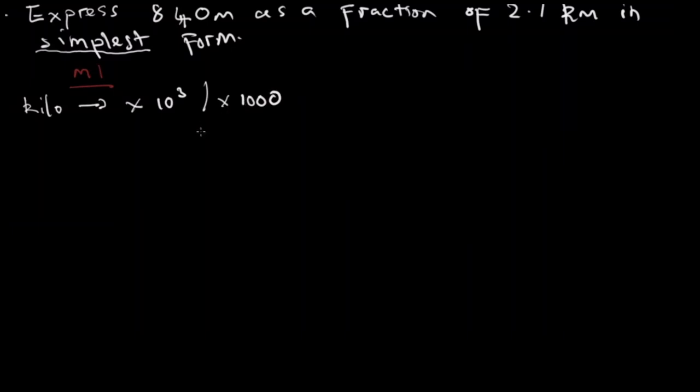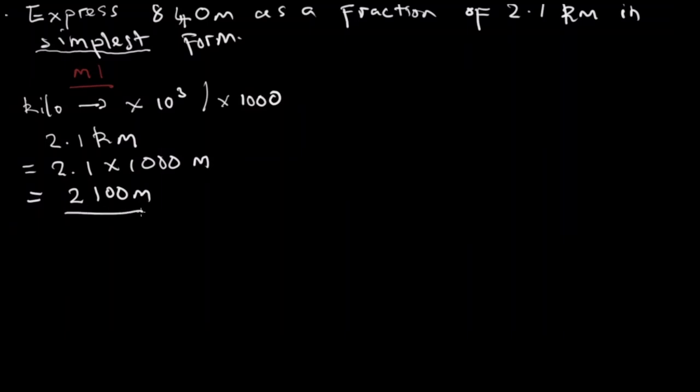That is what kilo means. So when we take that number, which is 2.1 kilometers, we can replace the prefix kilo with times 1,000. So it becomes 2.1 times 1,000 meters. And multiplying this, we get 2,100 meters.